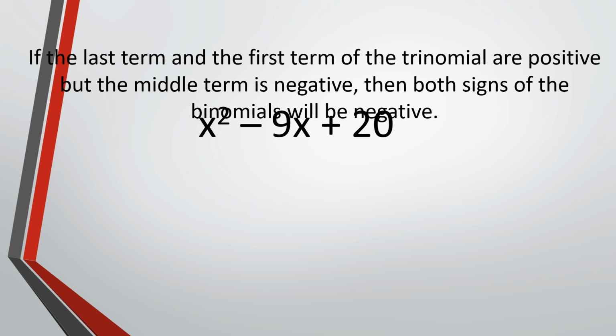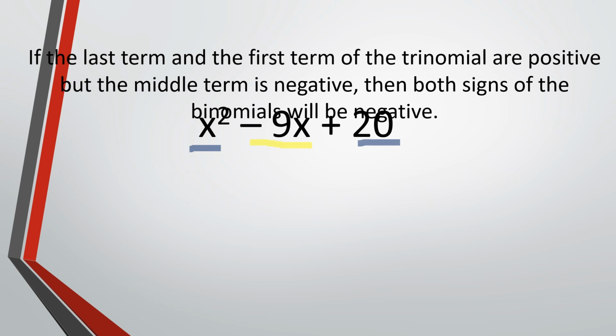Alright, we have here x squared minus 9x plus 20. Okay, now take note. The first and the last term are positive. However, the middle term is negative.